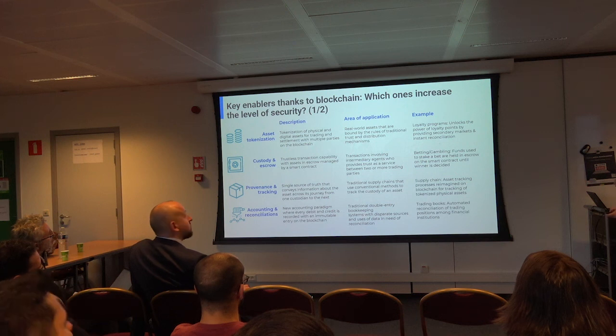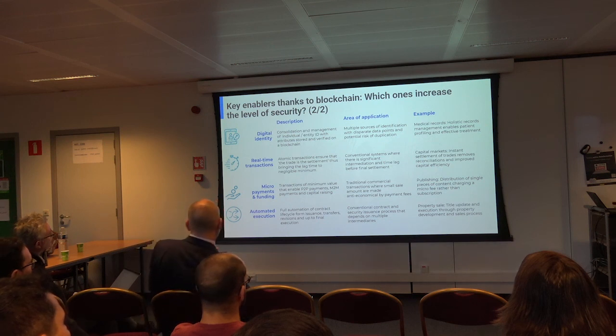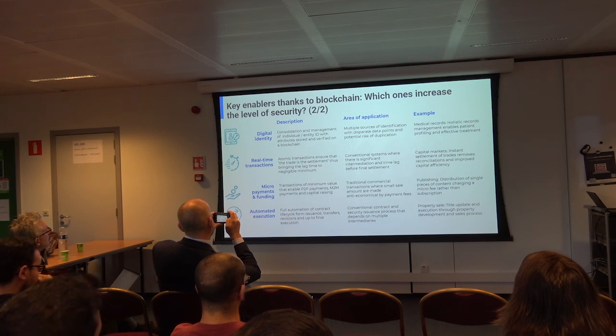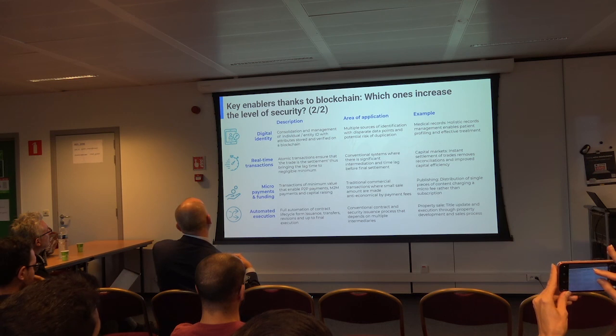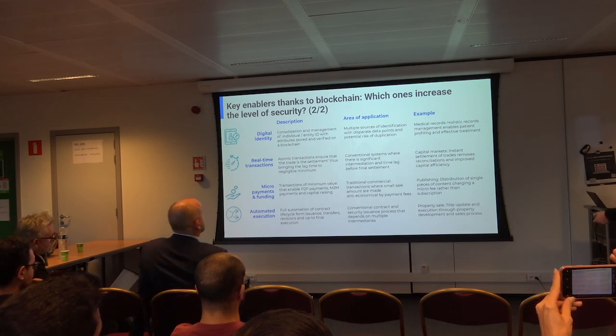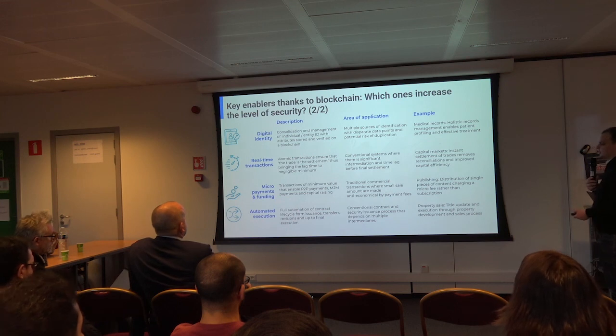And asset tokenization is actually something that is quite similar, making sure that the integrity of the data is not being attacked. Digital identity, we talked about it. Also real-time transactions, really nothing much related to cybersecurity here. But something that is interesting here is automated execution.